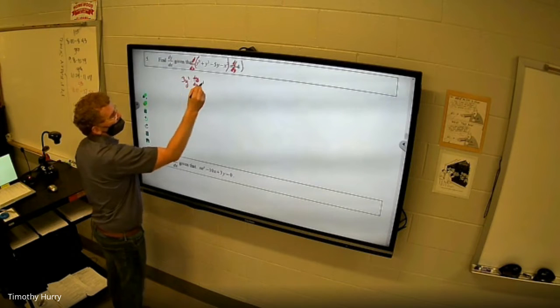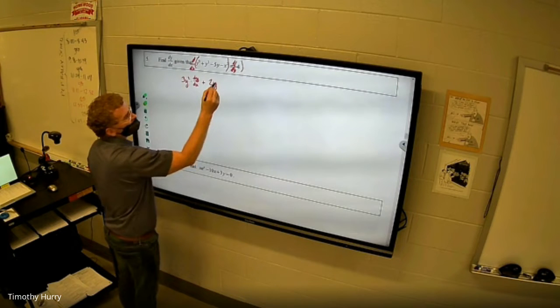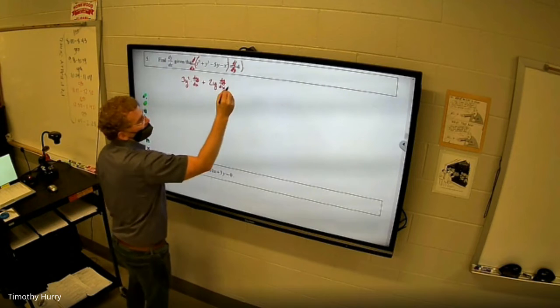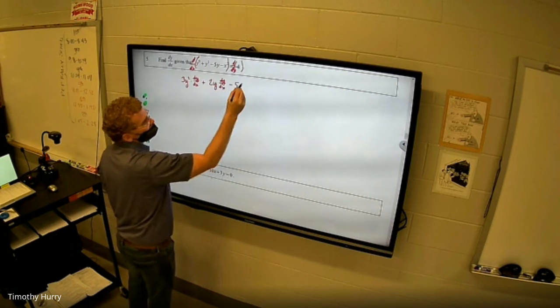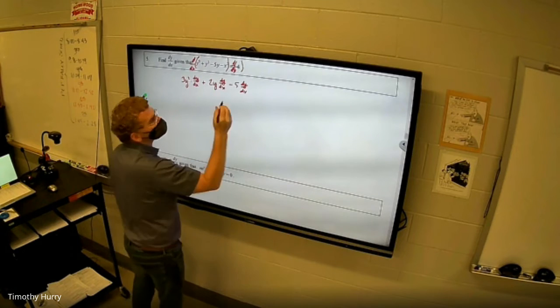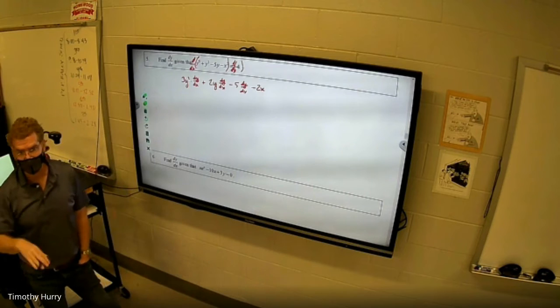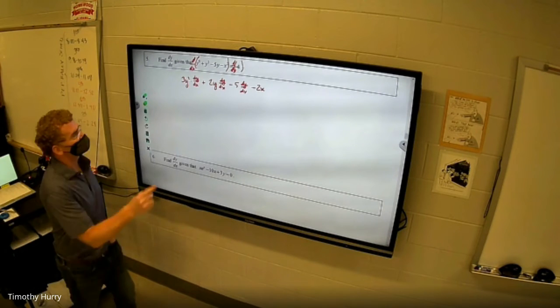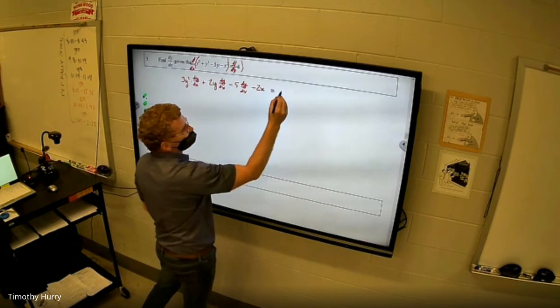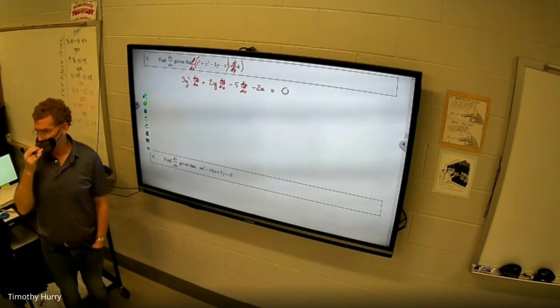The derivative of y squared, 2y, dy dx. The derivative of negative 5y, negative 5, dy dx. The derivative of negative x squared, negative 2x, technically dx dx, but that cancels. And finally, the derivative of that constant is 0. So you've done the derivative correctly.